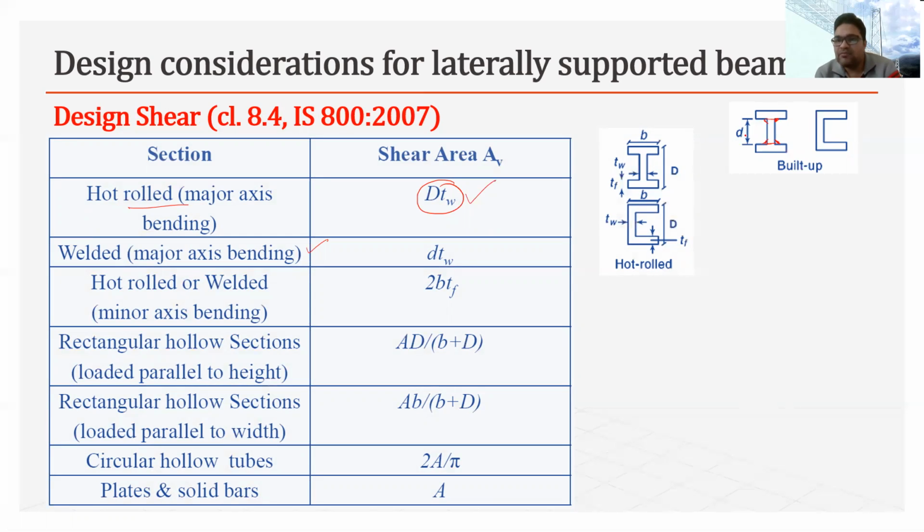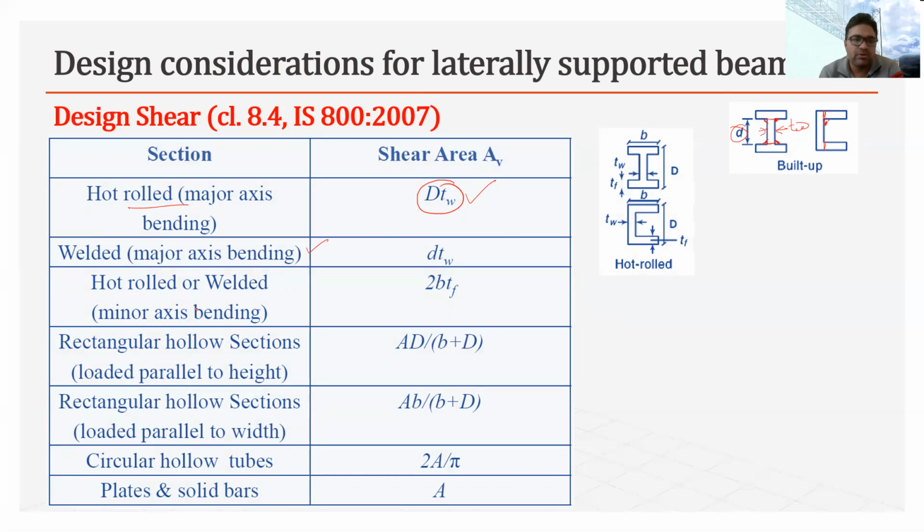So in that case, we take only this D value and multiply it by tw, the thickness of the web. On the same line, a channel section can also be formed using plates, and they may be welded like this. So this is how we find the shear area for the welded section.